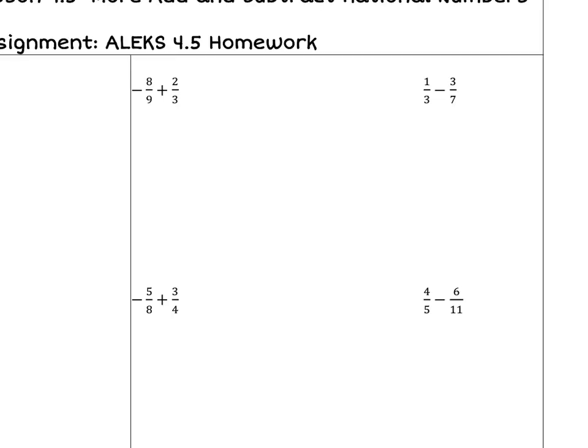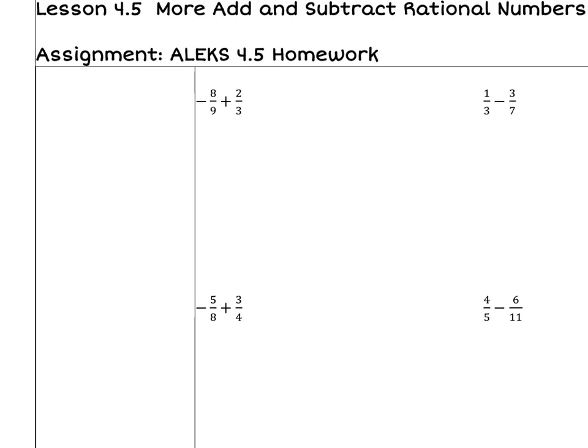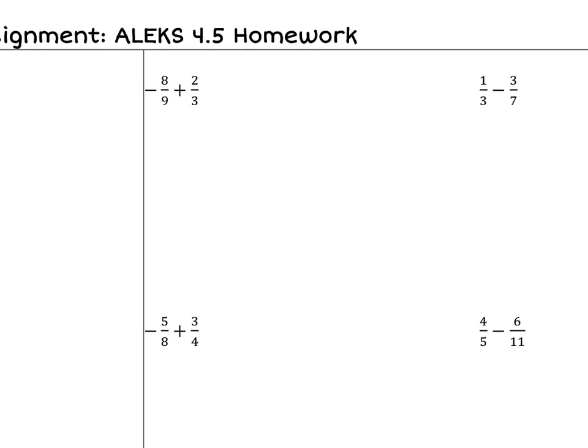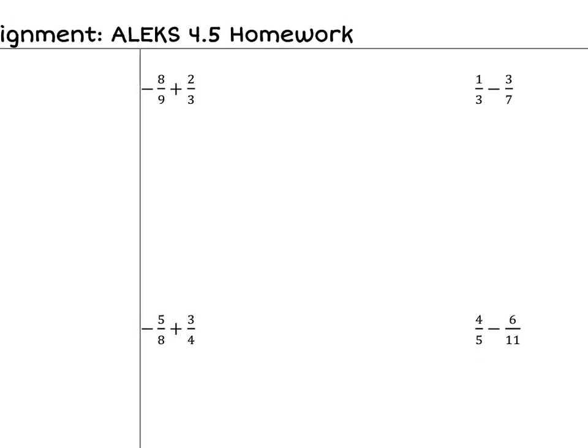Ultimately, what you're doing is you've got to find the least common multiple of the denominators. From that, you've got to convert the fractions. Once you convert, you have the same denominator, so you're just adding the numerators, and that's where it becomes new, because now you have positives and negatives.